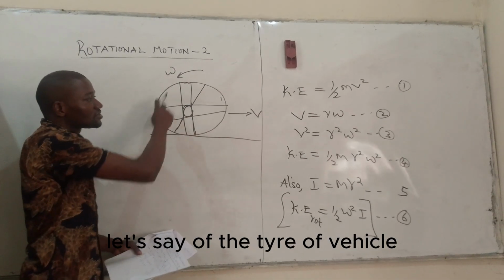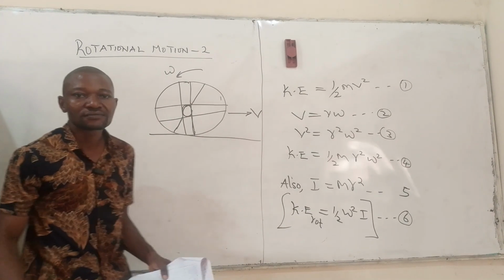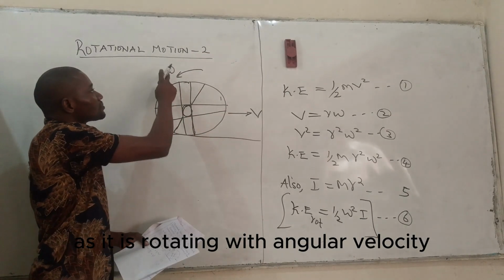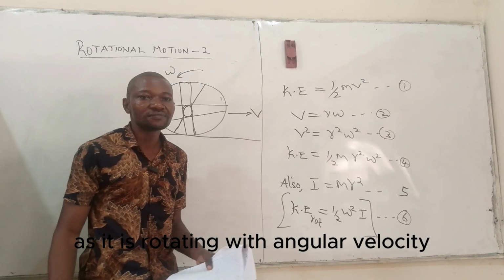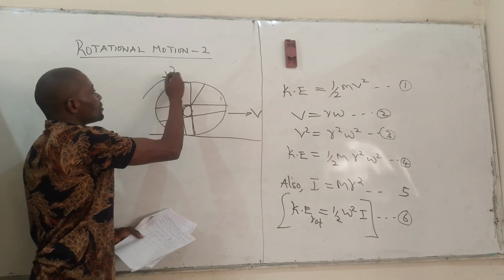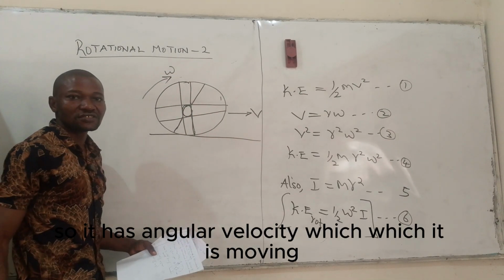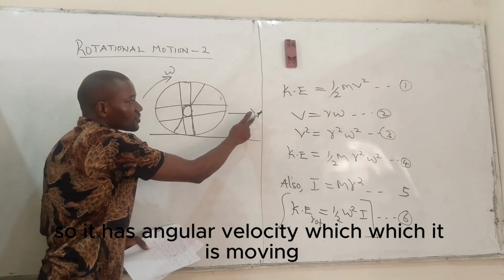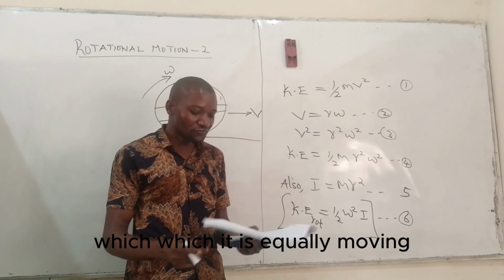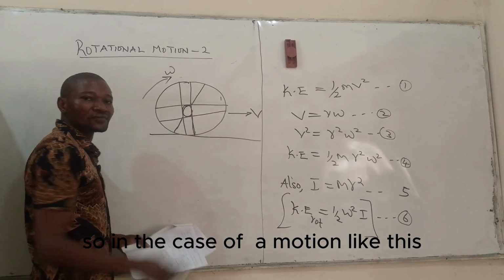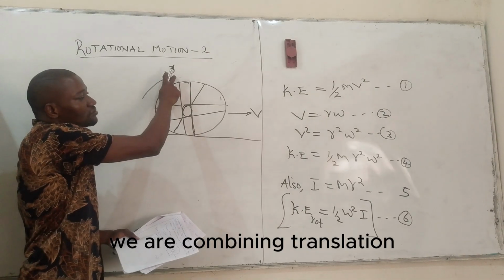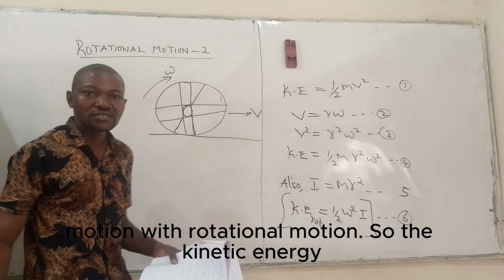The tire, let's say, of a motorcycle, as it is rotating with angular velocity, is also translating. So it has angular velocity with which it is moving, and it has linear velocity with which it is equally moving. In the case of a motion like this, we are combining translational motion with rotational motion.